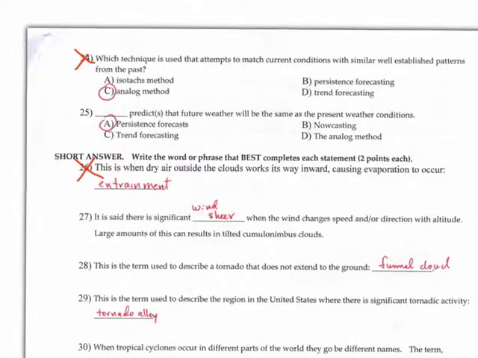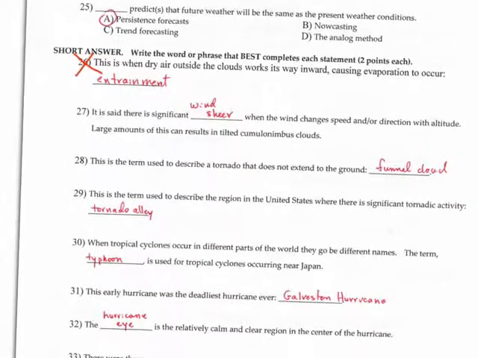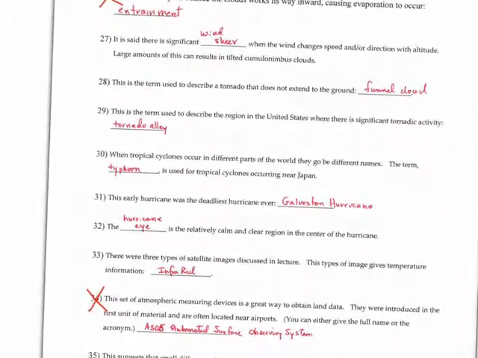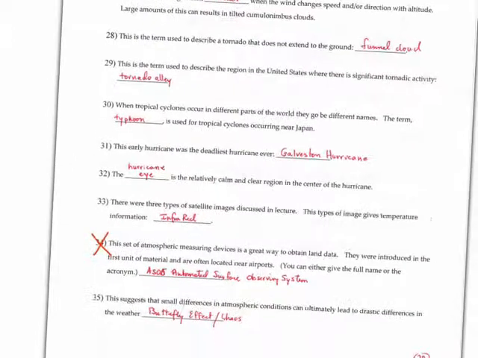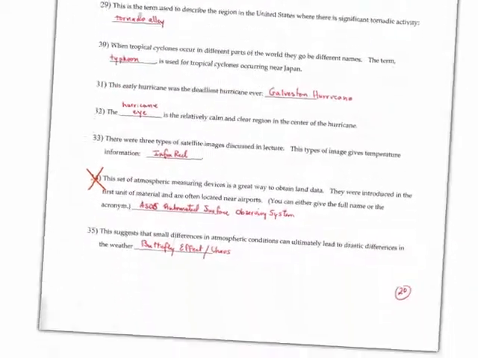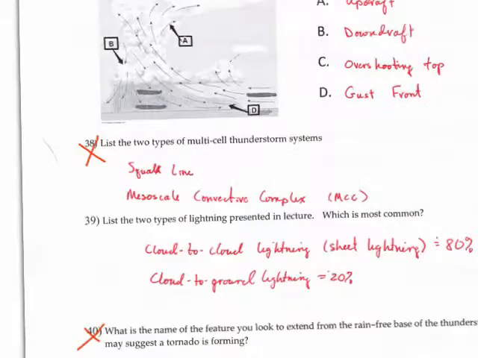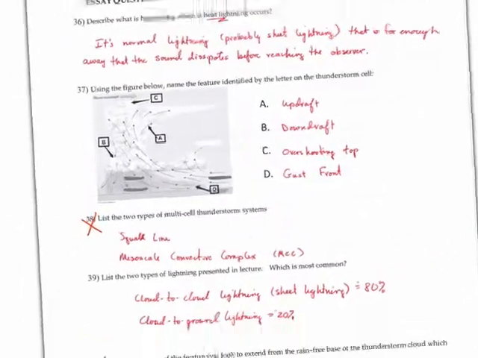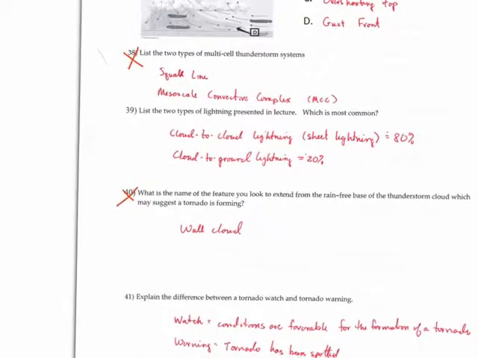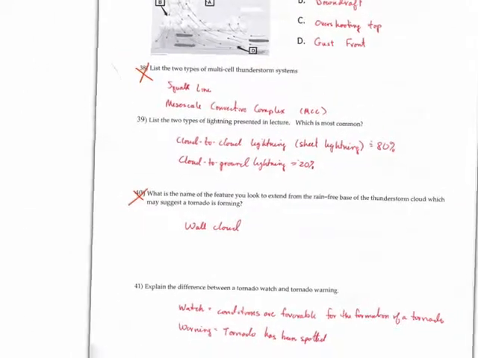And then for Unit 4 we move on to vocabulary. So questions 26 and 34 will not be on your final. And for Unit 4, it looks like questions 38 and 40 will not be on your final.